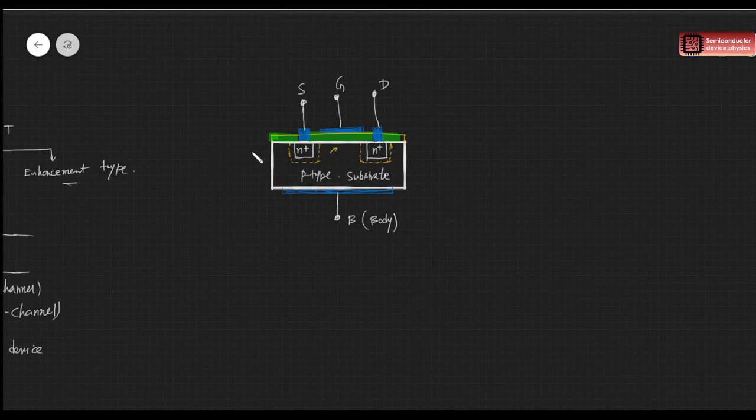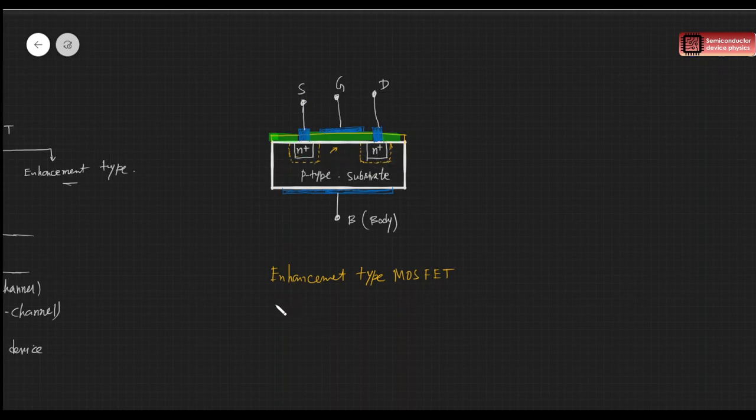Now, if we supply some gate voltage here, let me first tell you that this type is called enhancement type MOSFET. In normal condition, the resistance between the source and drain is huge, so they are basically open.